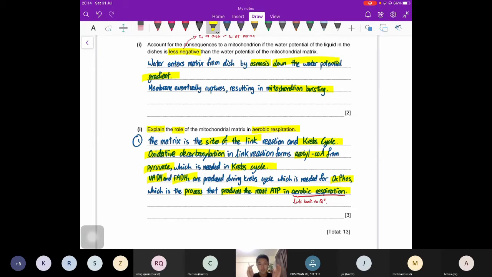So explain: in the link reaction, oxidative decarboxylation occurs, therefore acetyl-CoA can be produced. Krebs produces NADH and FADH2, which are needed for OXPHOS. OXPHOS generates the most amount of ATP in aerobic respiration.